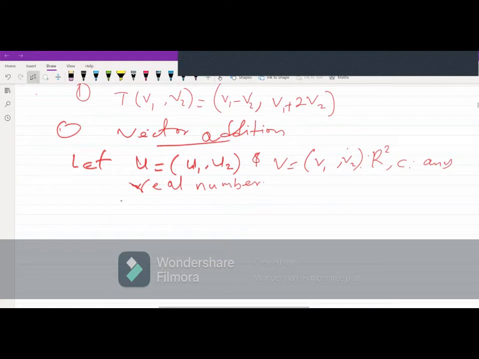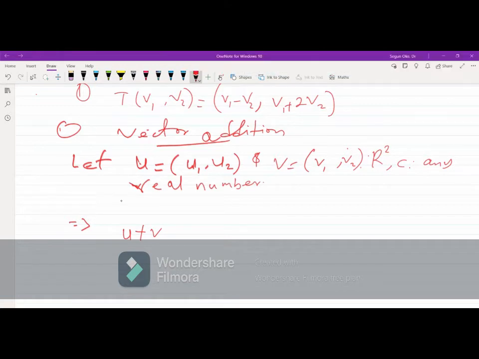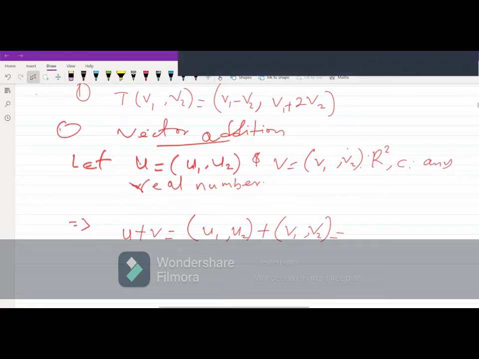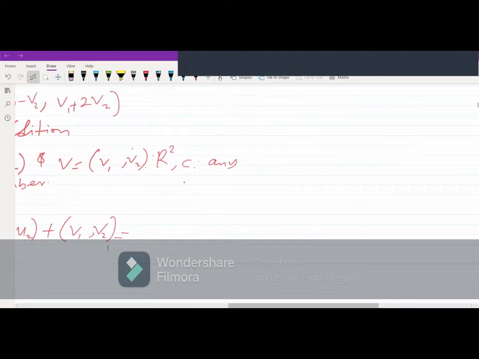Let me move on by saying, since I know my factor, I will now start with the one of addition, which is U plus V. My U plus V will be in brackets (U1, U2) plus (V1, V2), which is the same thing as (U1 plus V1, U2 plus V2).